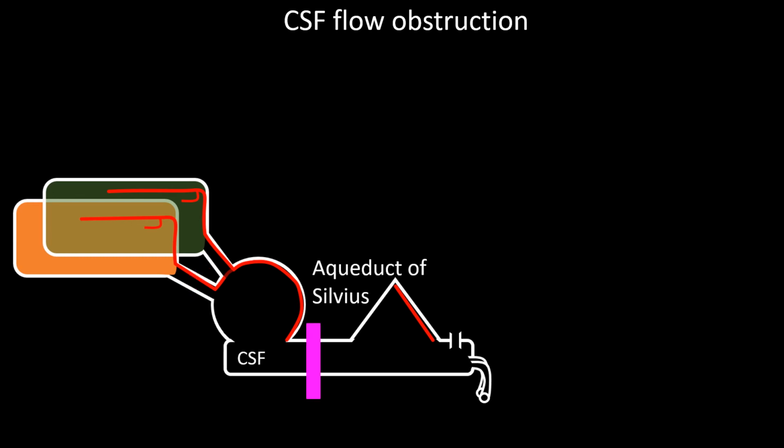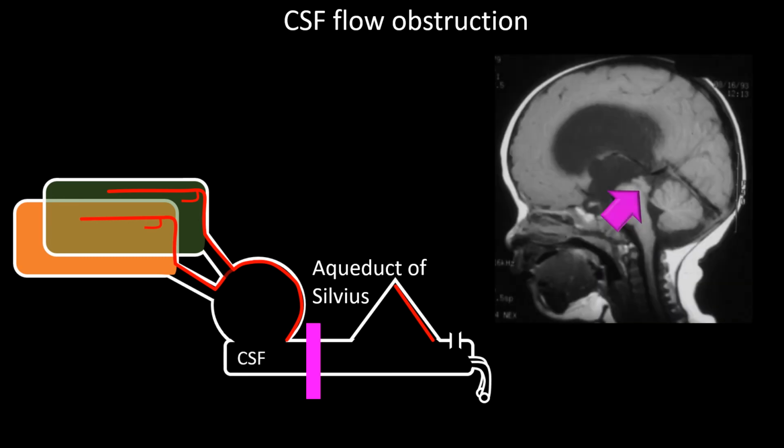An obstruction that occurs at the aqueduct of Sylvius, as indicated by the arrow, will be accompanied by ventricular dilatation of both lateral ventricles and the third ventricle. The size of the fourth ventricle will be normal.